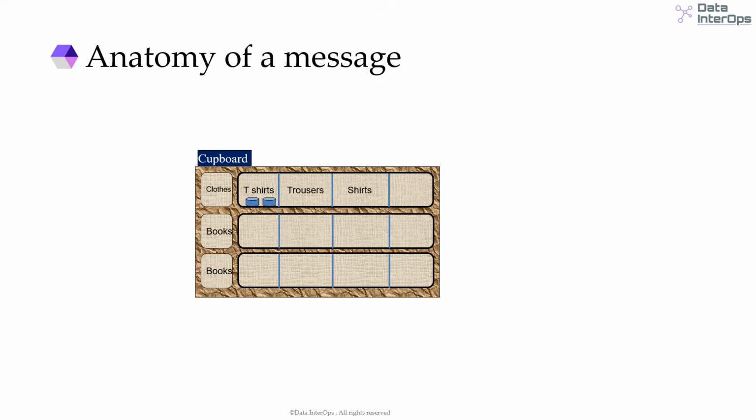And the person who is at home will access the cupboard and go to the first shelf, first compartment, get the t-shirt, and send it to the person who is leaving. Now, when you see the discussion between these two, the person is asking only to get the t-shirt and the second person was able to get it. How? Because they know the structure. They know how the information, or how the materials, are organized within their house.